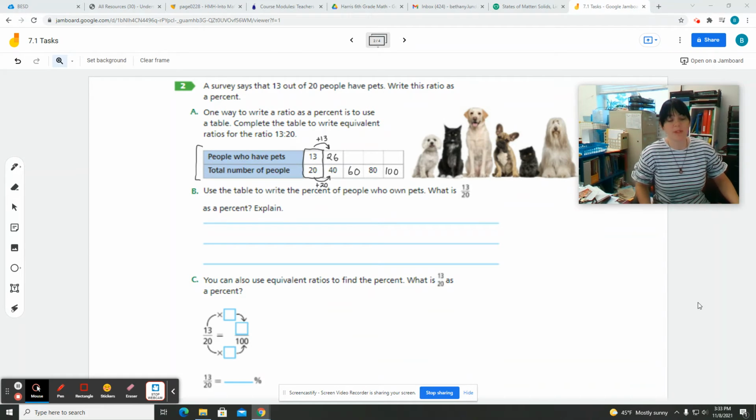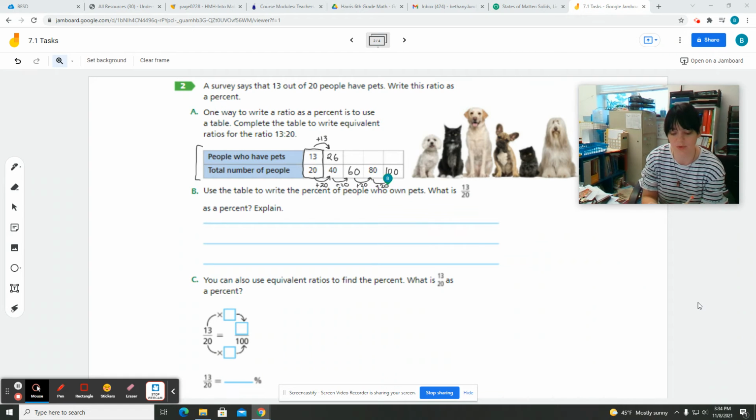Because we want the bottom to be at 100, right? We already know a percentage is a number out of 100. It's always out of 100. So if we can get this total number of people to be 100, then we can easily write this as a percentage. So each time we do this, we added 20, add 20, and add 20.